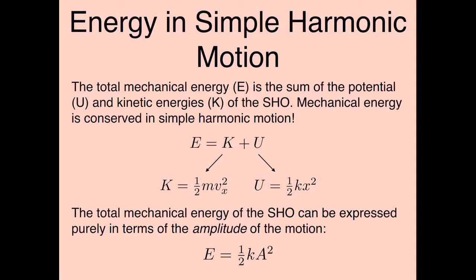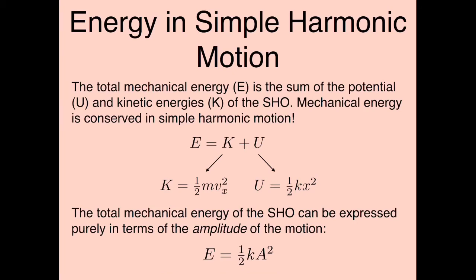So when we say E is equal to K plus U, there are two parts to that. We have kinetic energy equaling 1/2 mv squared, and we have U, potential energy, equaling 1/2 kx squared. That's the spring potential energy function. That's something we learned back in Physics 45.